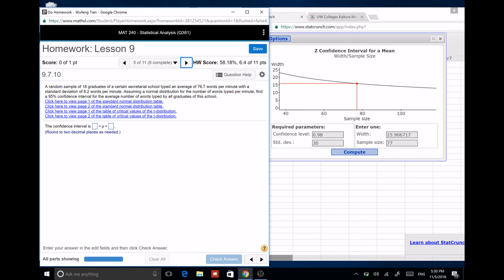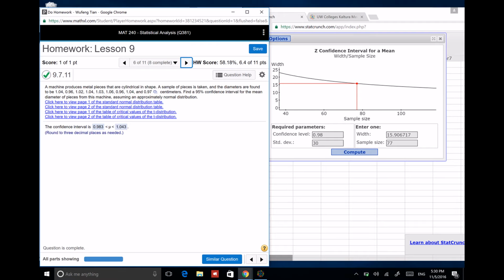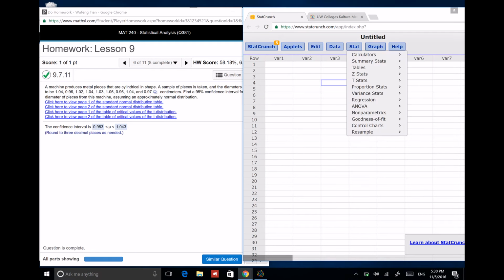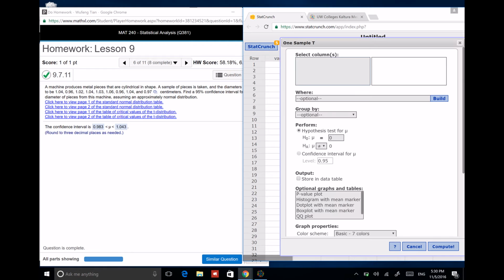And I would think this is the same as the previous questions. You can use the same thing to do this. There's a little bit of difference on this one. What you need to do is stat and also t-distribution, because no summary values are given. It's also one sample, but with data. I have to choose the data first.